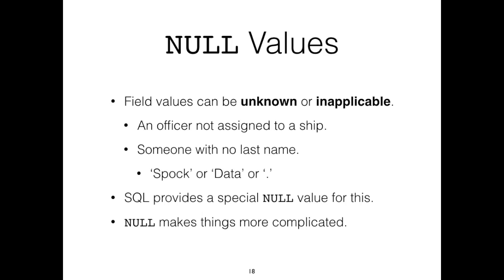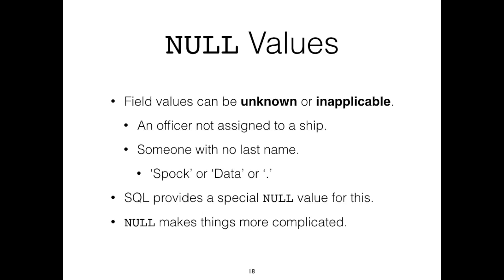All right, so you may have noticed in various places in the slides, there have been some places where there's data that's null. So just like in Java, SQL has this notion of a null value for fields where either you don't know something or it just doesn't make sense.